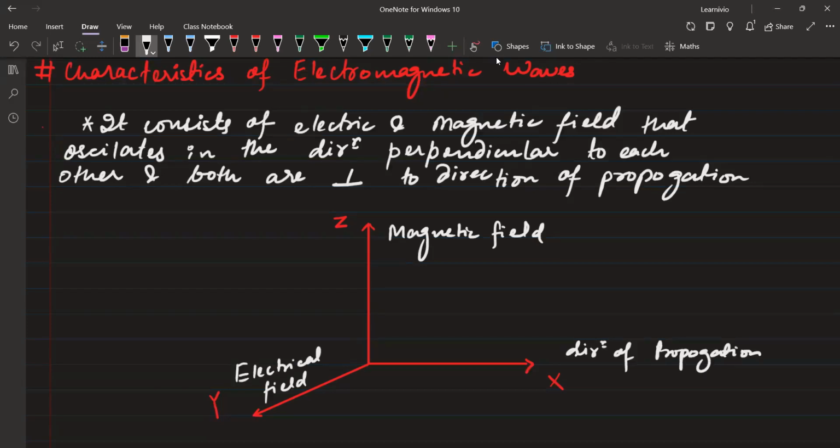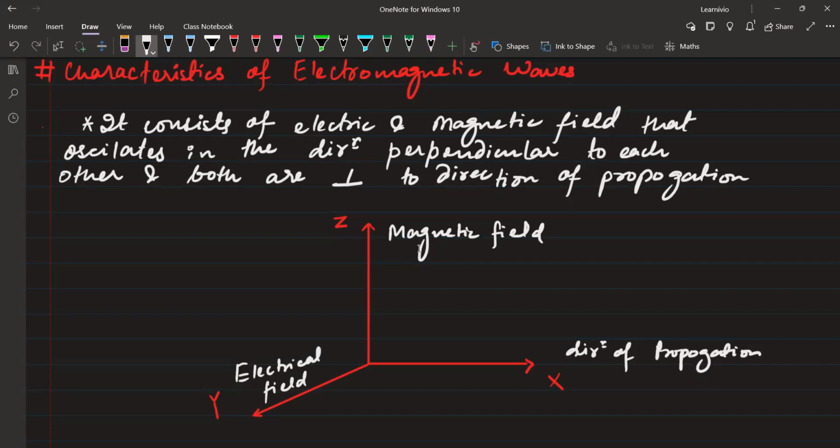You don't need to delve into very detailed parts like how it is oscillating and moving. The basic thing is that if they give you magnetic field direction and electric field direction, then you can tell the direction of propagation is the other axis. If magnetic field is in the x direction, electric field is in the z direction, direction of propagation will be in the y direction. If you know the direction of two fields, then you can tell the direction of the other. There are three, so if two are known you can tell the third.